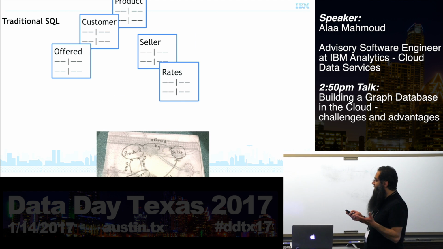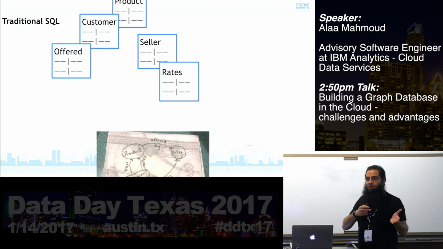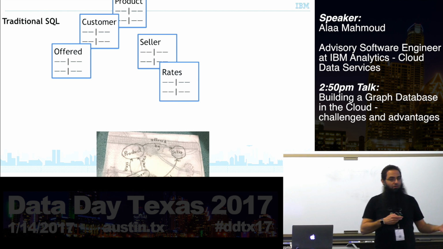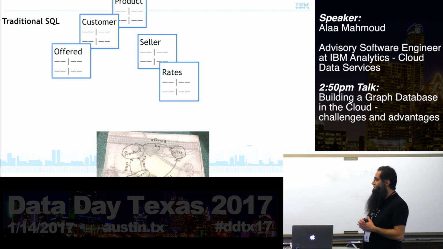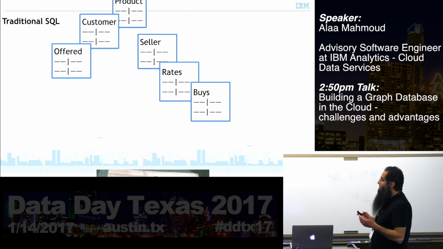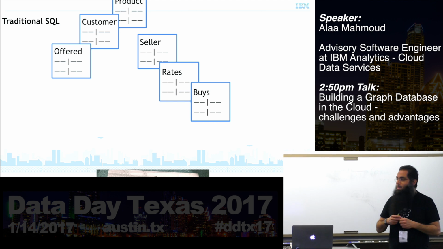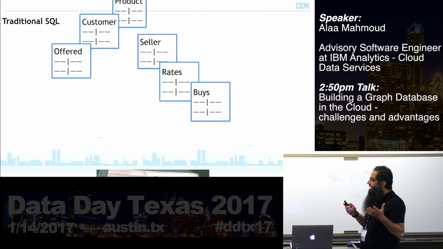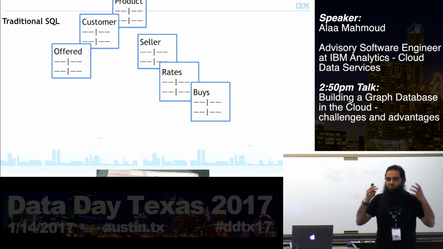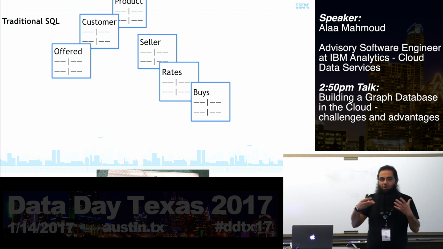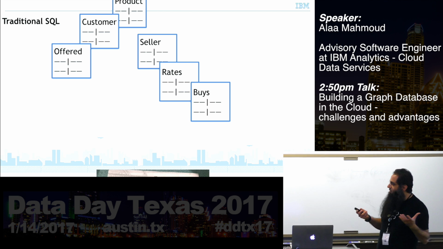I'm also going to create a rates table that will allow me to see the customers who are rating products or sellers. I'm also going to have a buys table that will tell me which customer bought which product. By the time you're done with this, that beautiful mental model that told you how the products and everything work together is no longer in the picture.